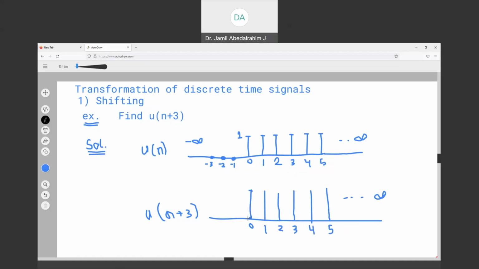Okay, and we add the extra 3 in the negative part: -1, -2, -3.